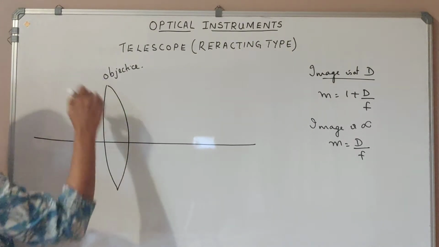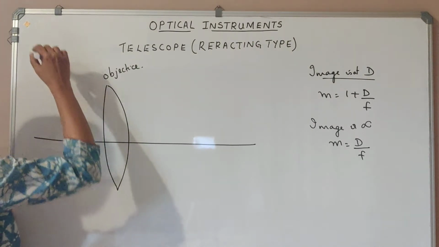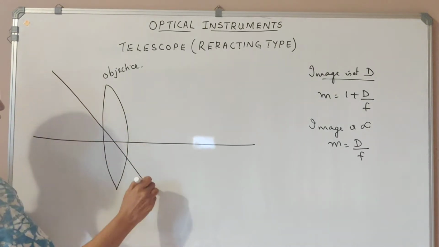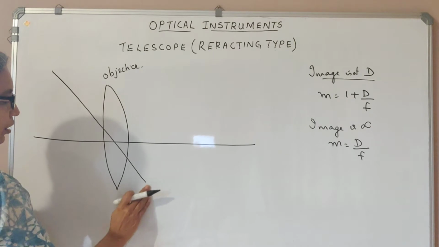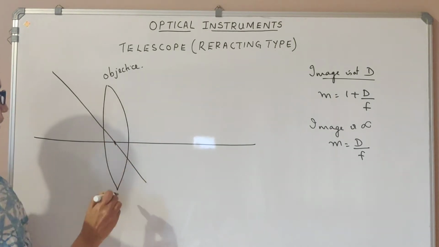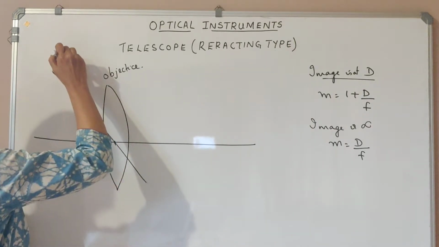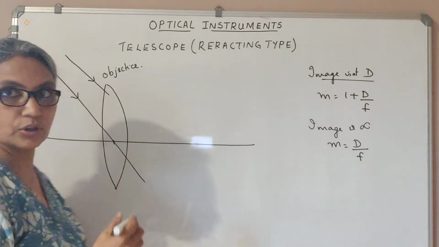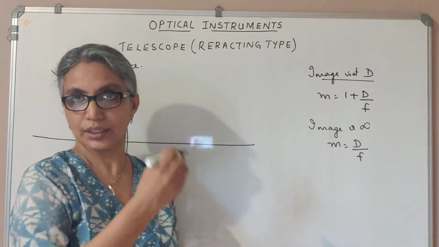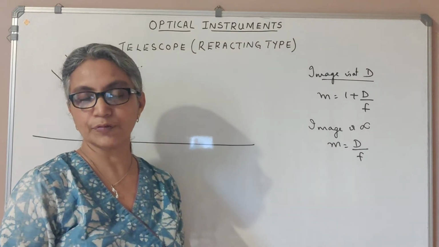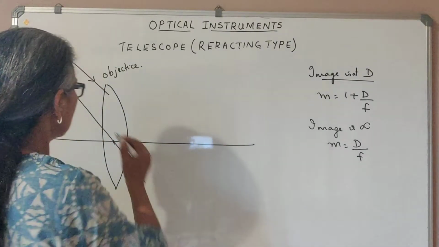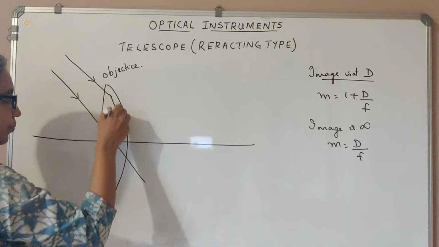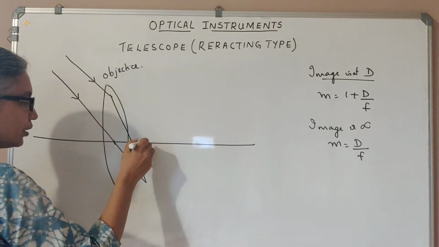We are looking at, let's say, a distant star. From the star we have one ray coming, let's say passing through the optic center, and the other ray parallel to this, because when you're looking at objects which are at infinite distance, the rays coming from them will be parallel. If you take two parallel rays, they should meet at the focus, right?